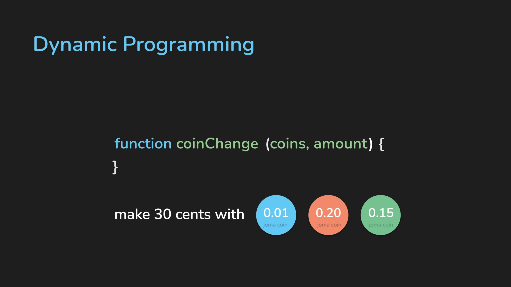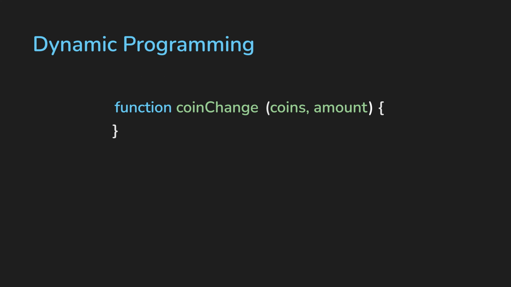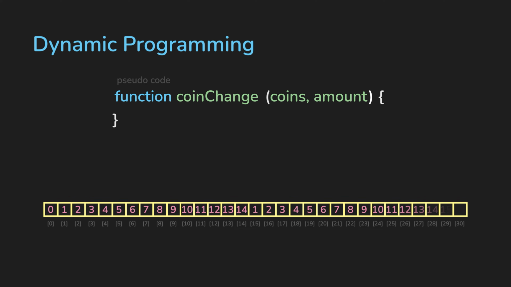For example, if there are 1, 15, and 20 cents in the system, and we have to make 30 cents out of it, the input will be the array 1, 15, 20 for the coins and 30 for the amount. We are going to find the minimum number of coins for each amount from 0 to 30 and write them down in an array.